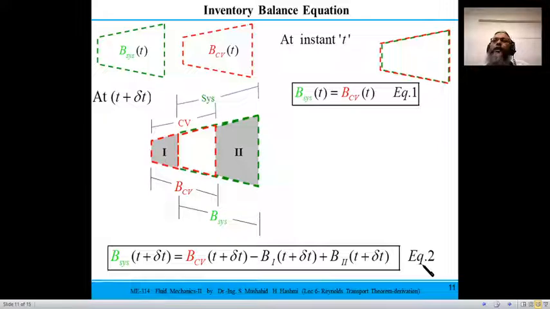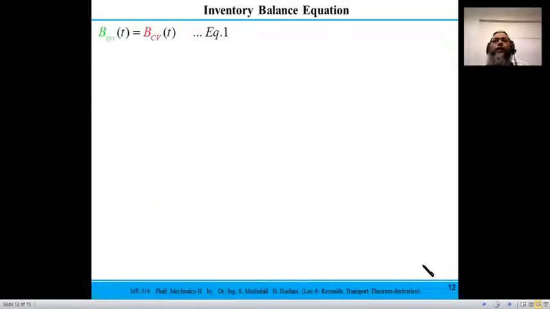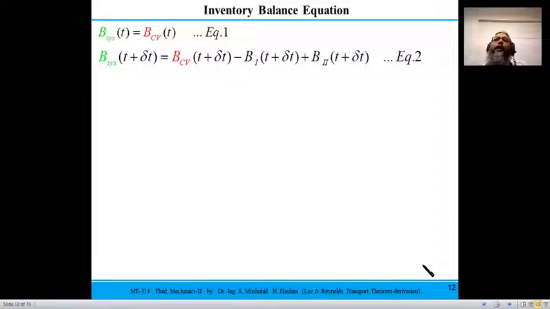If you understand this, then life would be easy. Equation 1 is just at time t, when both system and control volume are overlapping each other. At time t plus delta t, the system comprises some of the overlapping part plus some part that has left the control volume minus the part that has entered into the control volume.